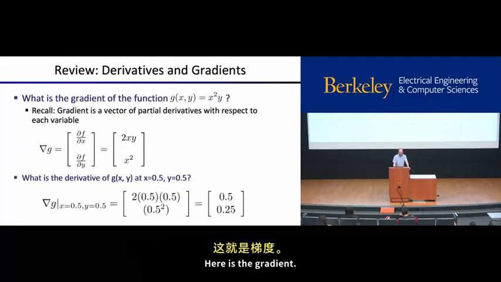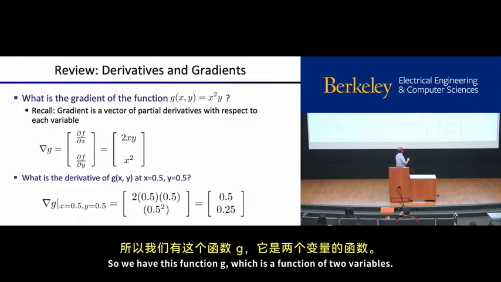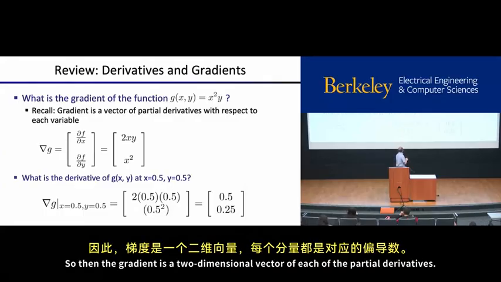Here is the gradient. That is the vector of partial derivatives with respect to all of the given variables. So we have this function g, which is a function of 2 variables. Then the gradient is a 2-dimensional vector of each of the partial derivatives.